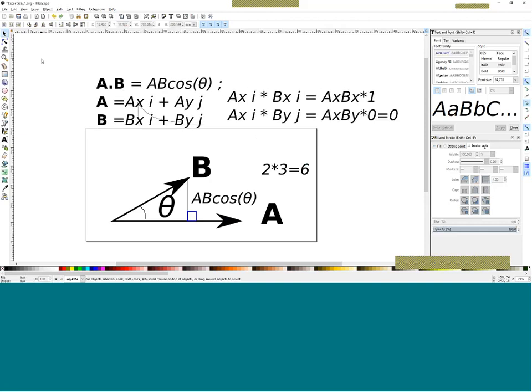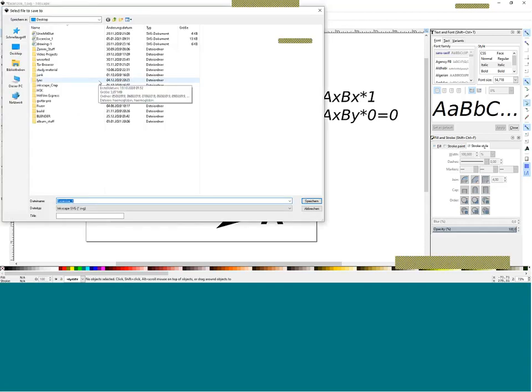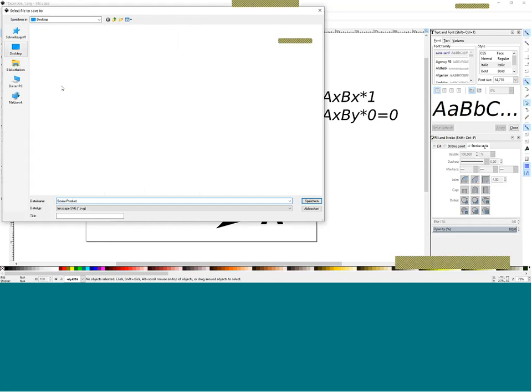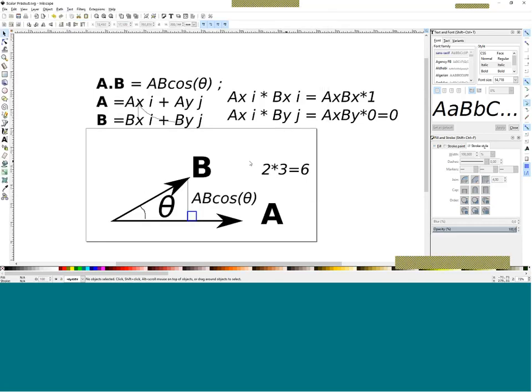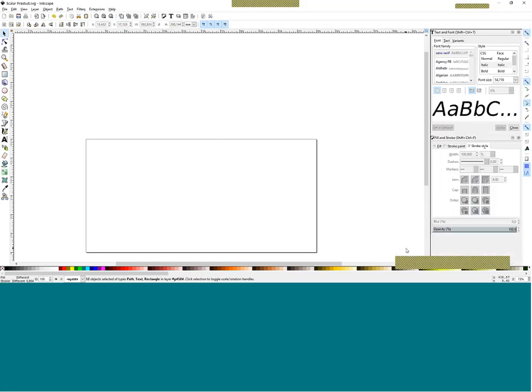It's like watching paint dry. There we go. I'm going to save it as scalar product onto the desktop.